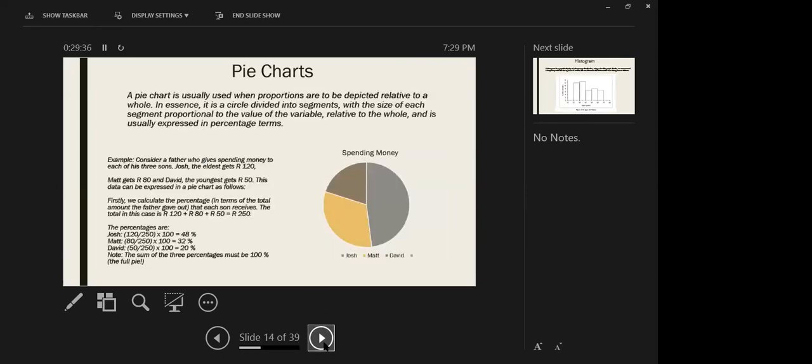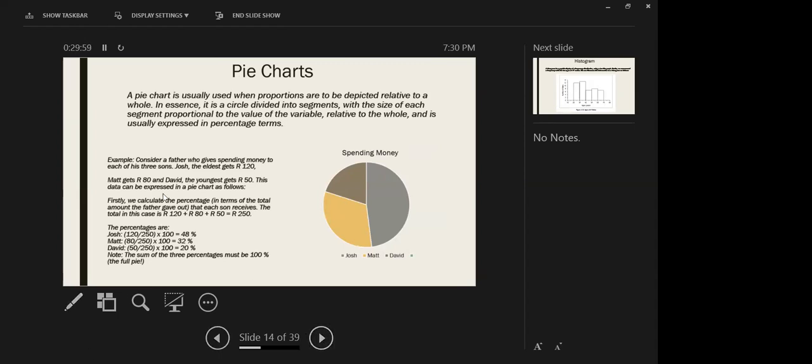Then there's what we call pie charts. I know maybe in this course you can skip this one since it's not there. But in a nutshell, pie charts are just used to express proportions of a certain value compared to the whole amount.